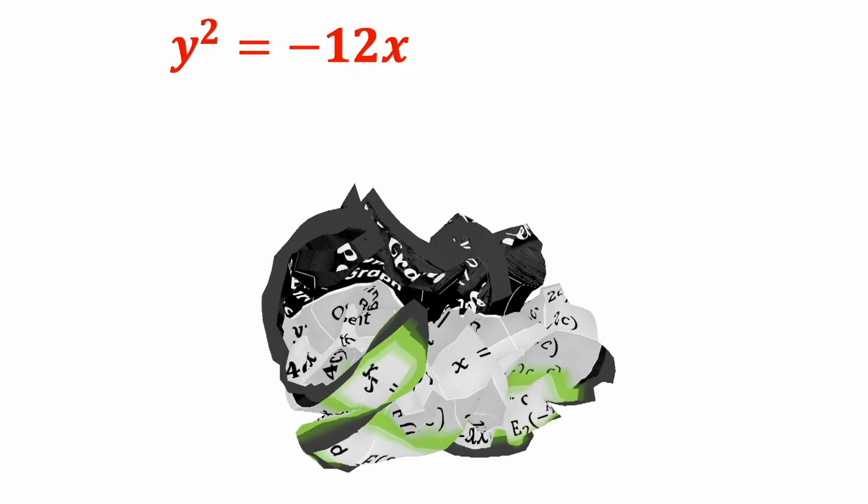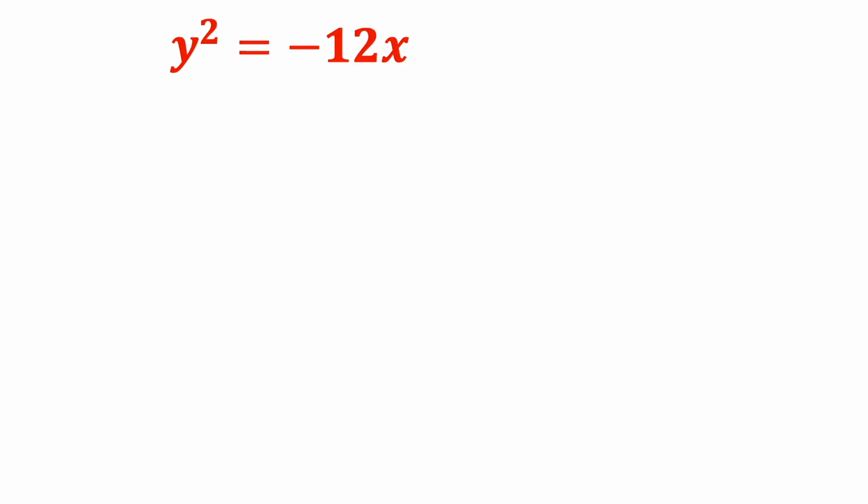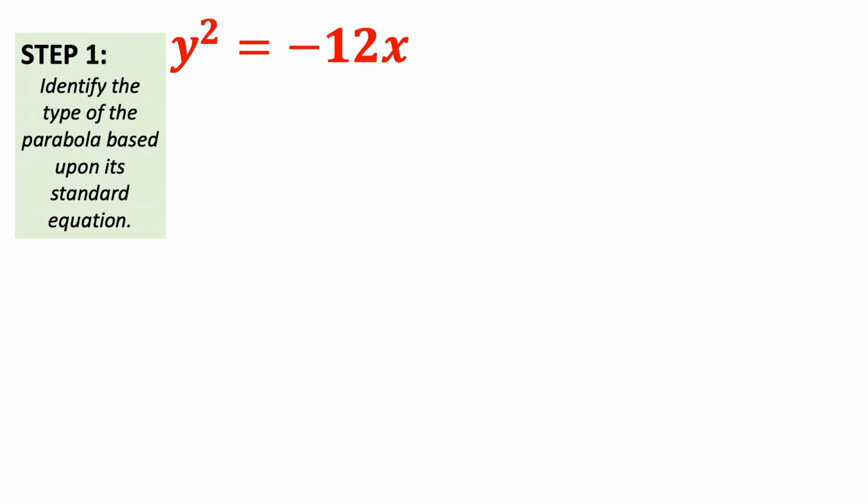Let's now graph the parabola with vertex at the origin and described by the standard equation y squared equals negative 12x. The first and very important step is to identify its type using its standard form. I said very important because if you incorrectly identify its type, the next procedures will be wrong.